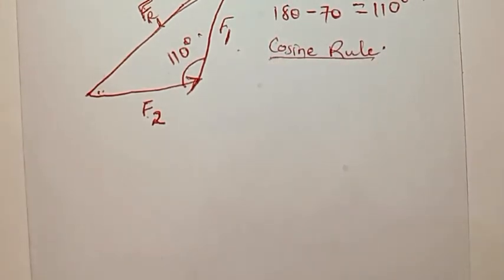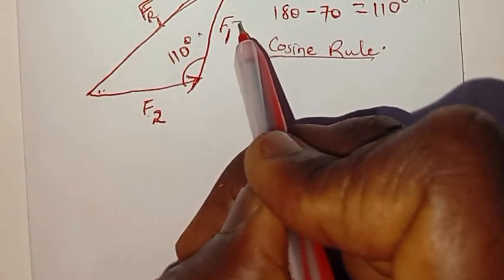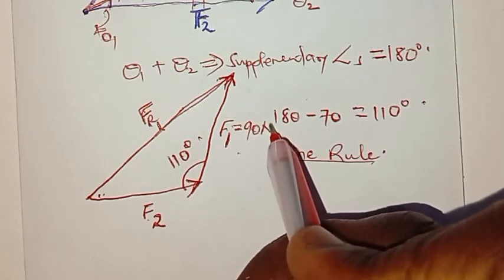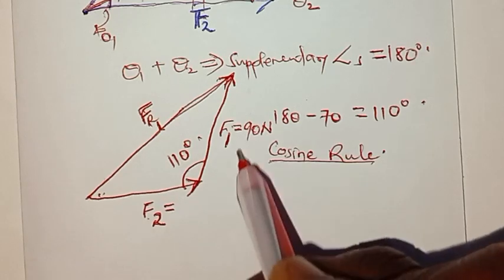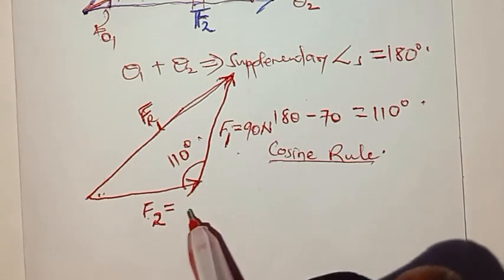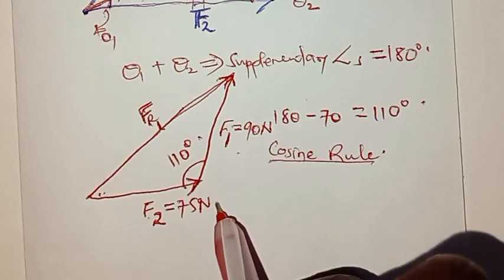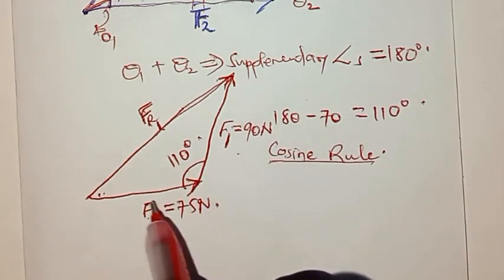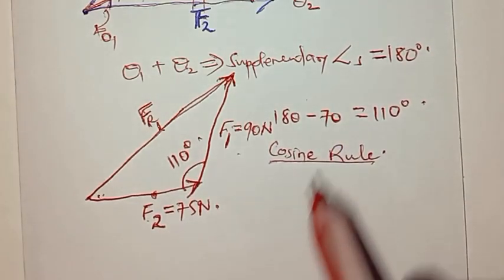Let's say F1 is equal to 90 newtons and F2 is equal to 75 newtons. Let me draw it here so that you can see it clearly.